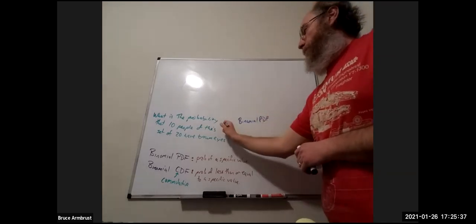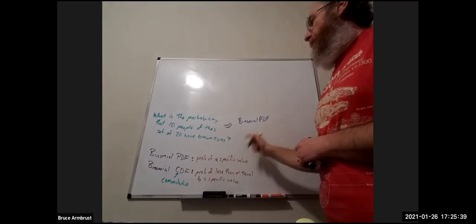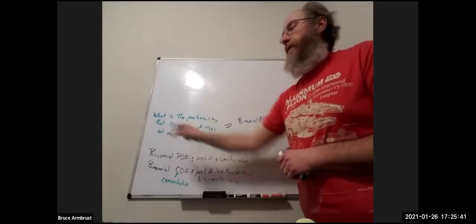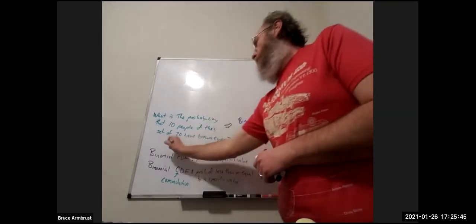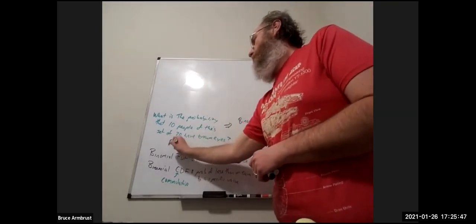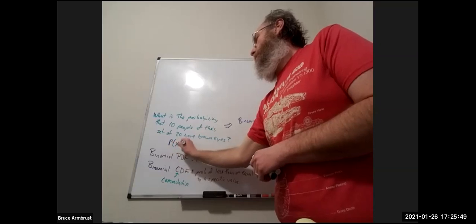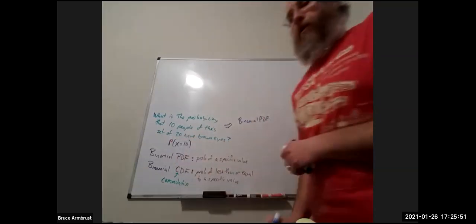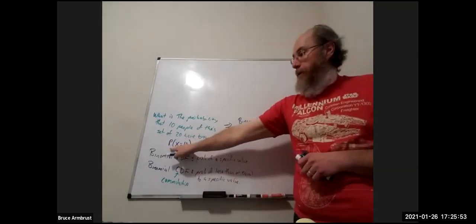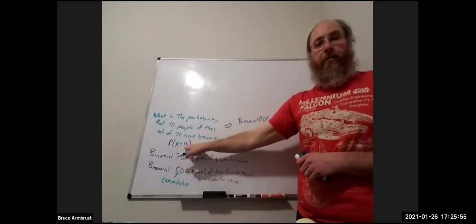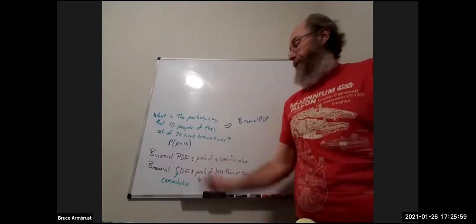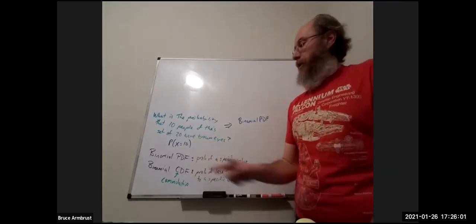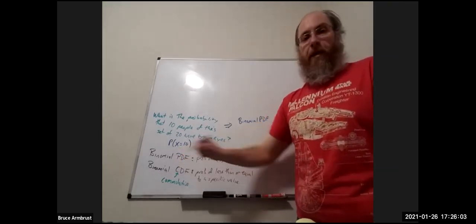Okay, so this one's going to lead to a PDF because I want an exact value. If I were to write this with probability notation, I'm looking for what's the probability that my variable equals 10.